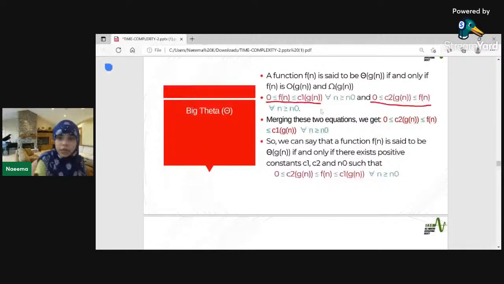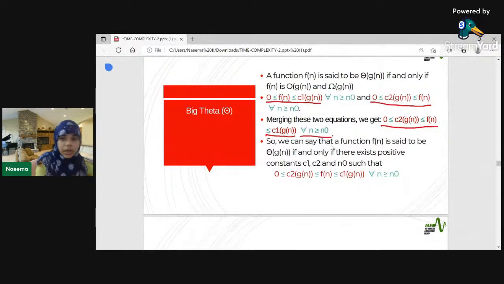So big theta of g(n) is both big O of g(n) and big omega of g(n). Merging these two equations, we get 0 ≤ c2·g(n) ≤ f(n) ≤ c1·g(n) for all n ≥ n0.